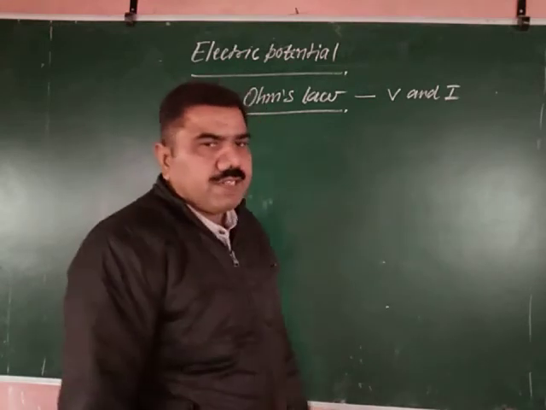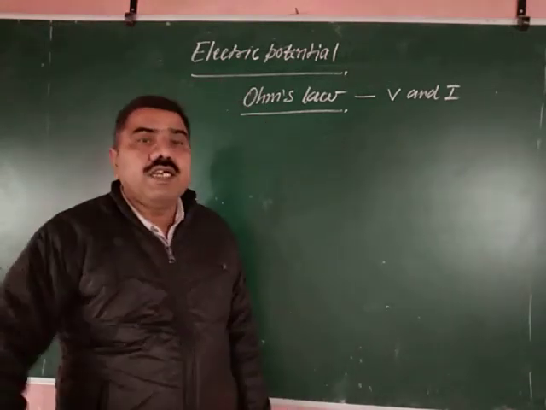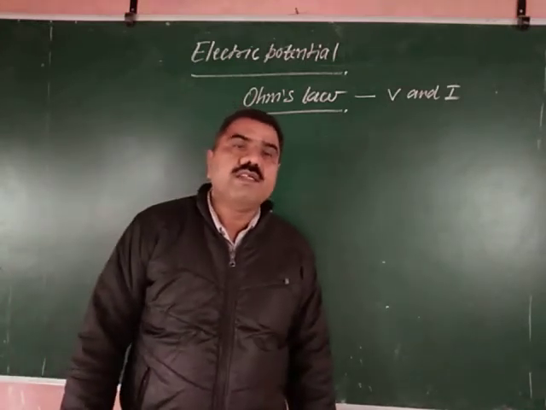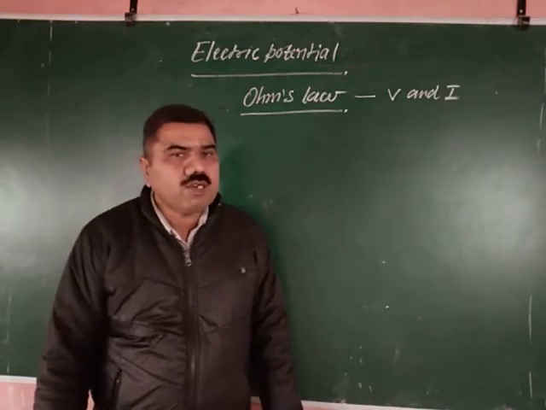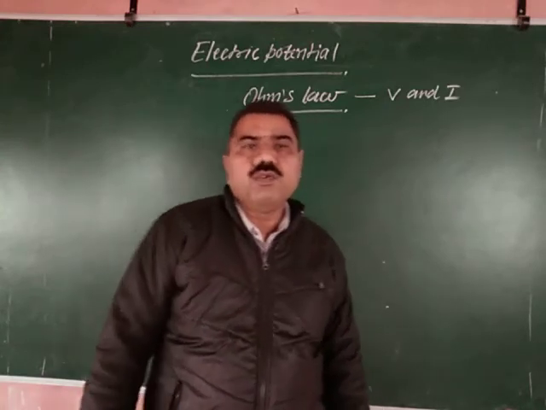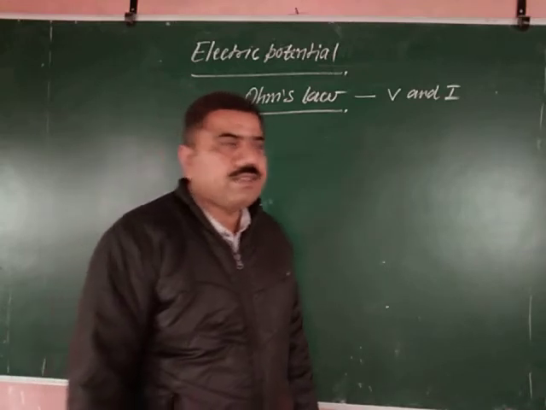And this law states that if physical conditions such as temperature of a conductor remain constant, then current flowing across a length of conductor is directly proportional to the potential difference across that length.